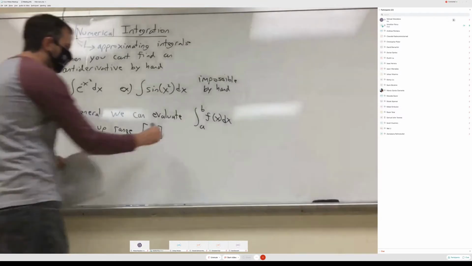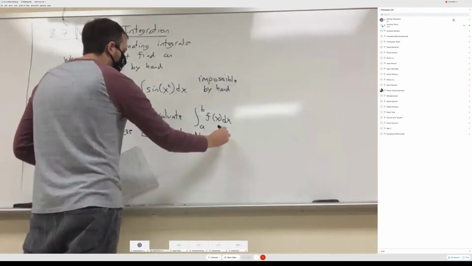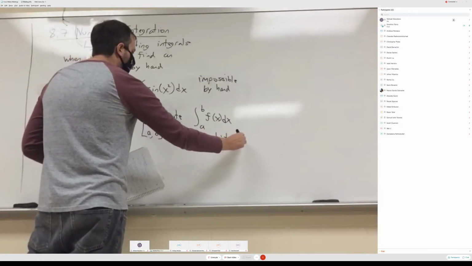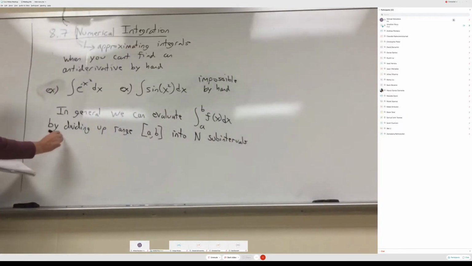And we're going to divide that up into n subintervals, where n is our choice. And they're going to be of equal length. They don't technically have to be, but it makes it a lot easier, and there's no real reason not to do it.